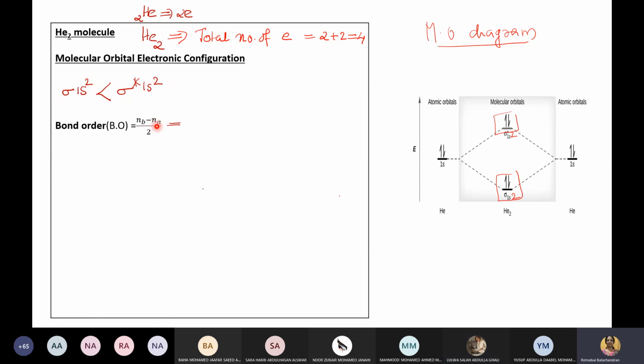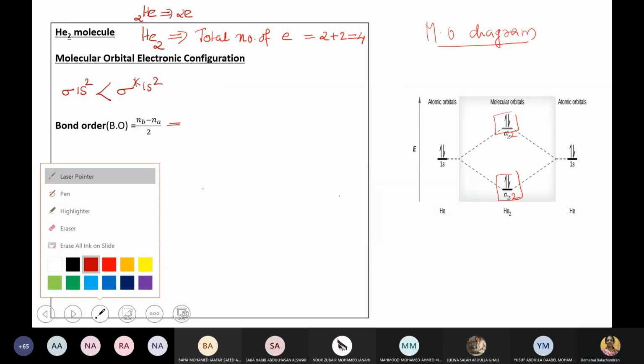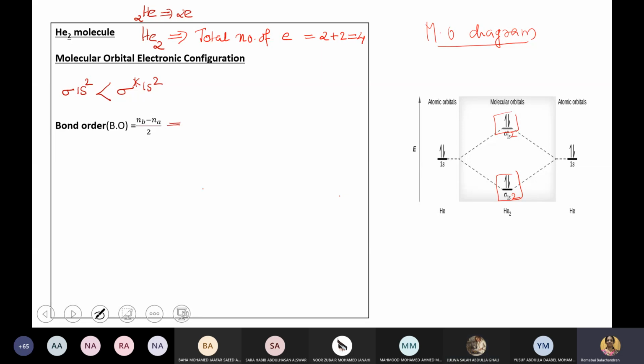So 2 minus 2, 0 over 2 is equal to 0. What is the meaning of this? 0 bond between the 2 He.